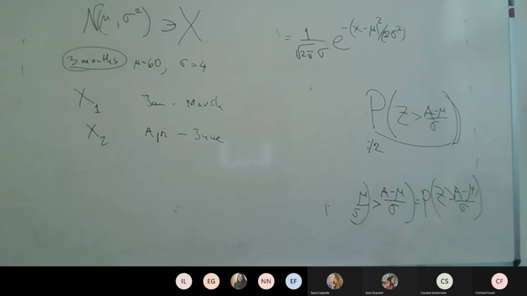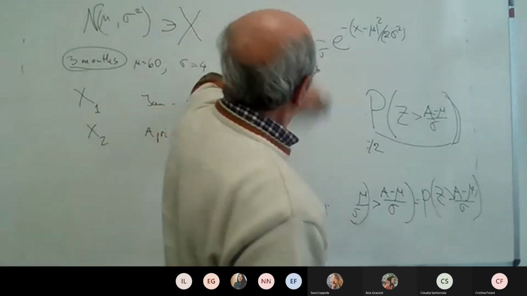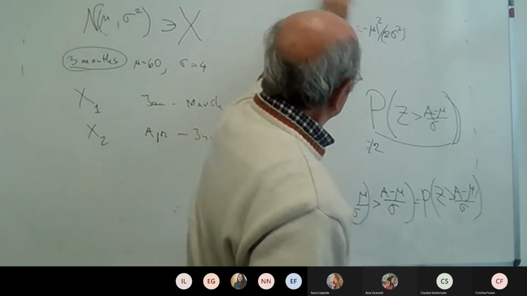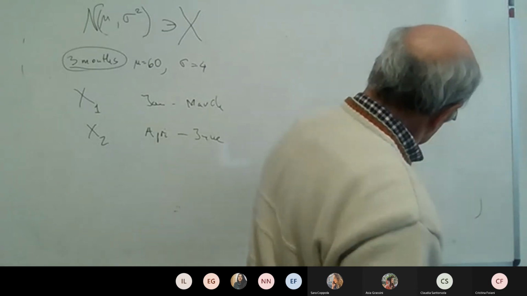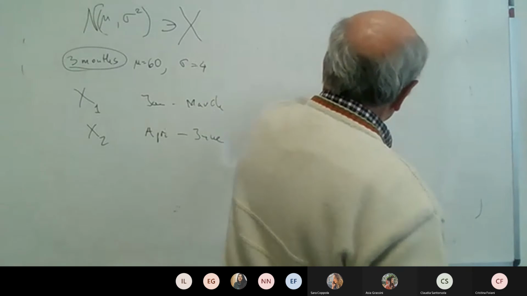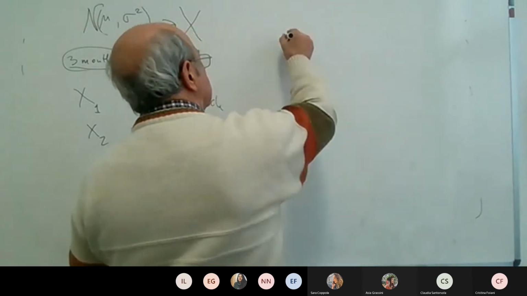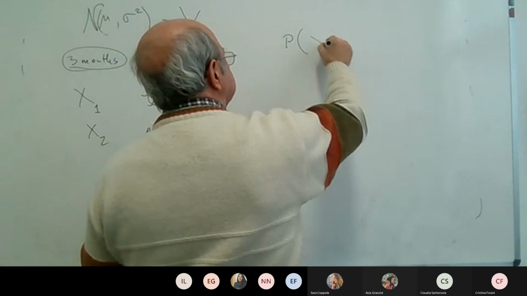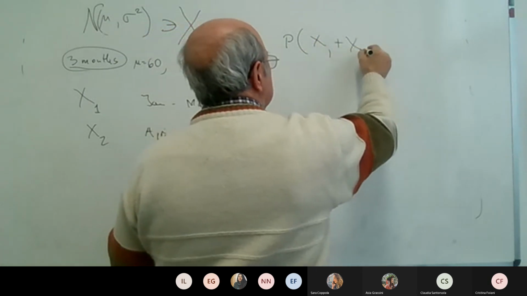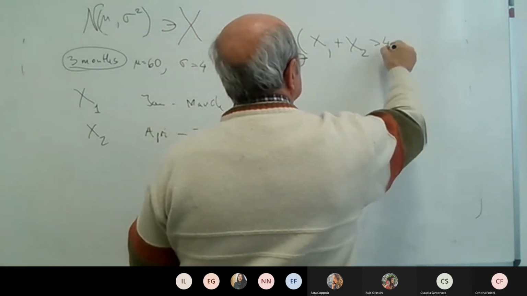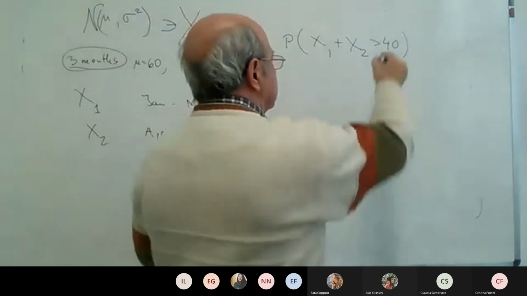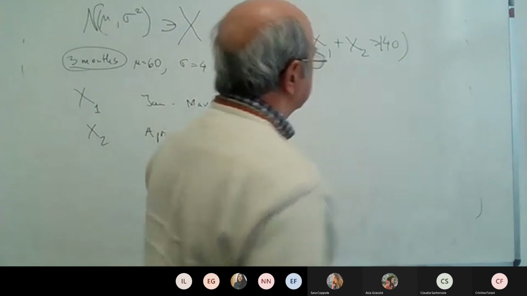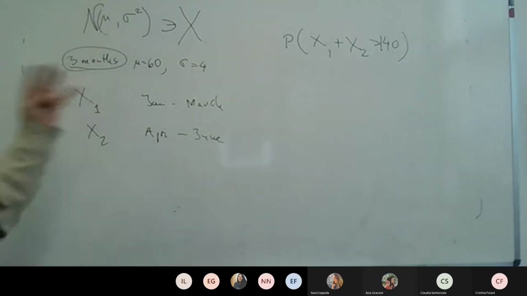Of course, this has to be verified, but our purpose is to compute the probability of x1 plus x2 to be smaller than 40. Actually, we can put here a little bit more, 140, because for 3 months, 60, small village, 60.